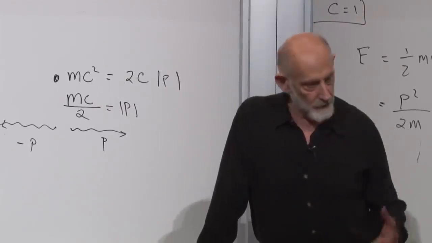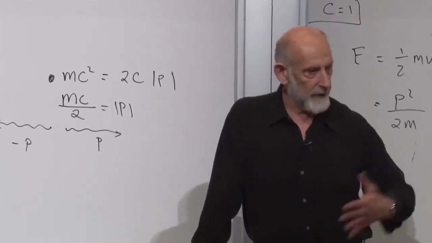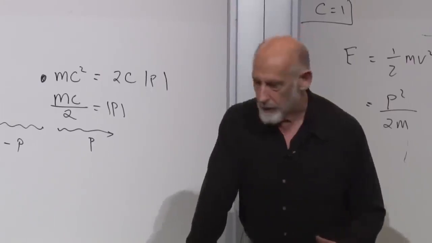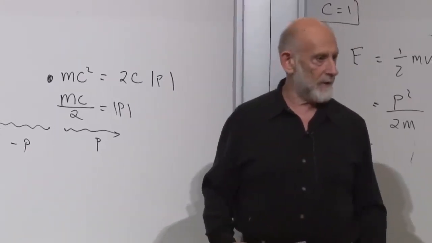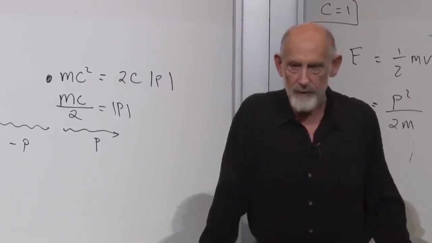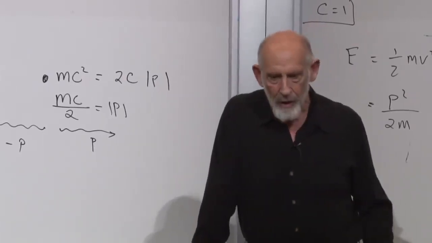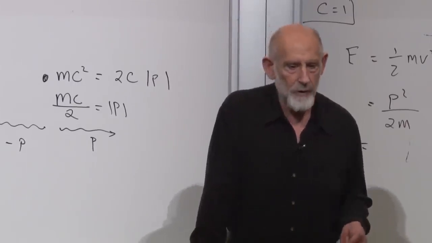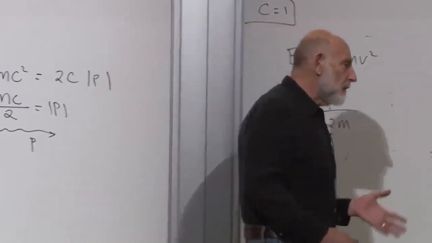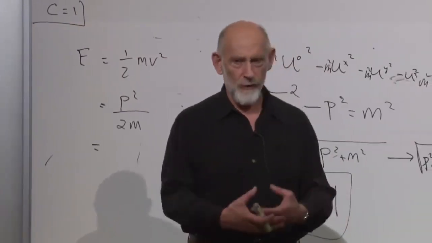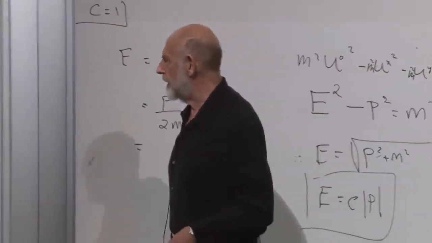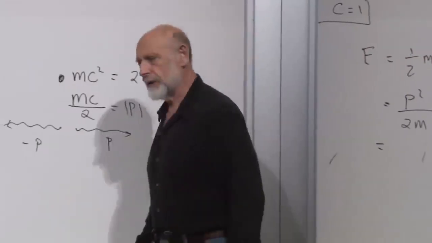If we use the connection between wavelength and momentum that we learned last quarter, we could convert this to a statement about the wavelength of the photons. It's very small. I mean, it's much, much smaller than optical. So this is the mechanism by which a mass turns into energy. Of course, the mass was always energy, but it was in this frozen form of rest energy of the positronium molecule.